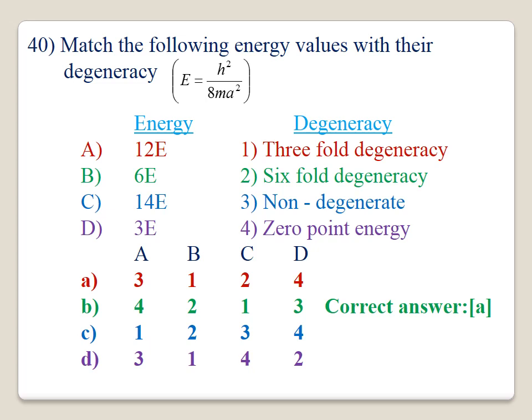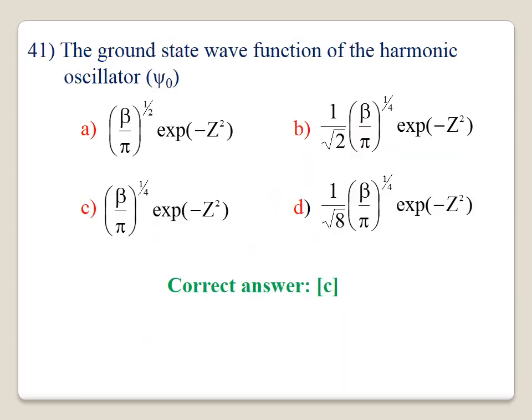Similarly for 6E, it is threefold degeneracy, option 1. For 14E, it is option 2, sixfold degeneracy. For 3E, this is the zero point energy, option 4. Therefore, the correct answer is A, 3, 1, 2, 4. Option A is correct for this question.